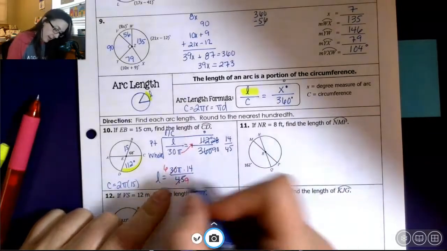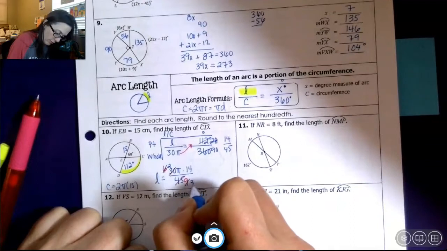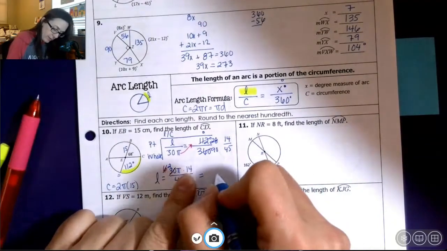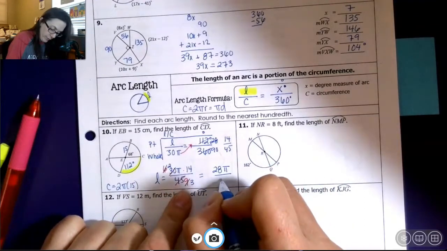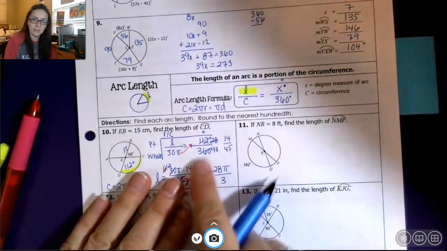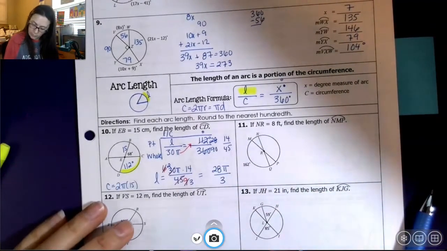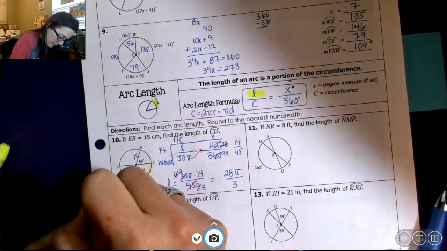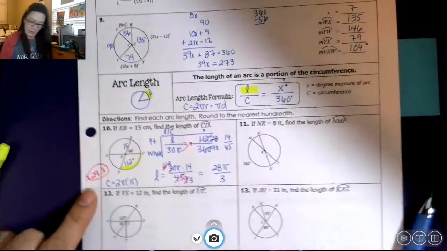So dividing again by 2 or by 3, I would get 2 over 3. So this is going to give me 2 times 14 is 28 pi over 3. You can go ahead and do a calculator for that, but this is the more acceptable answer. I think if you plug that in your calculator, you get approximately 29.3.